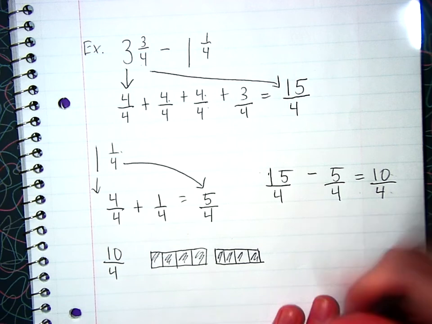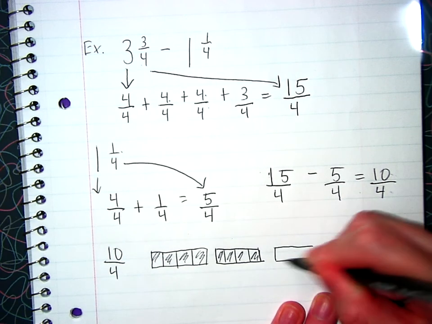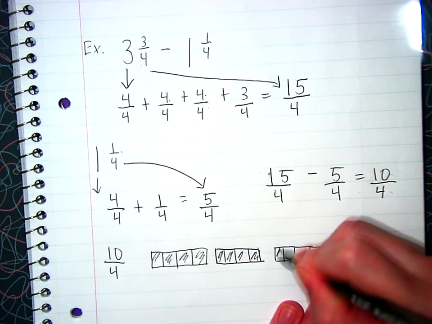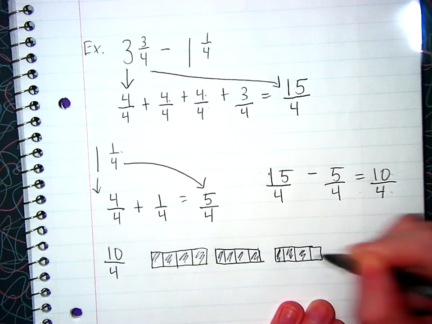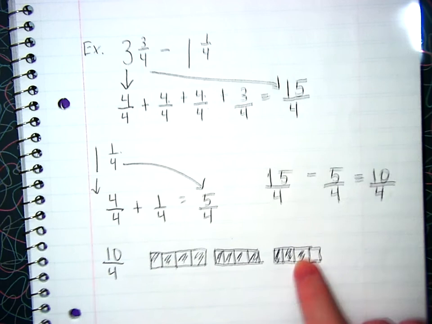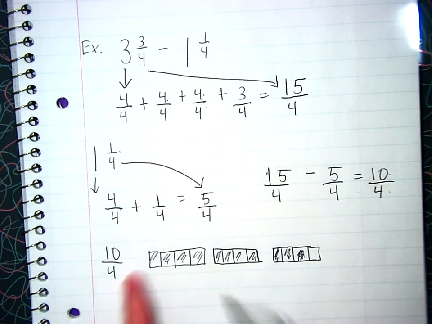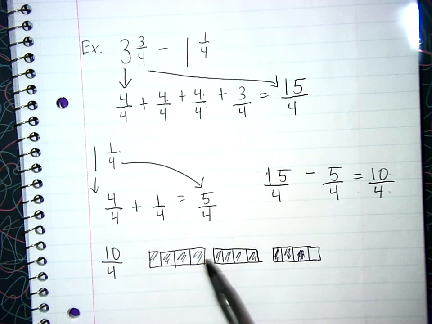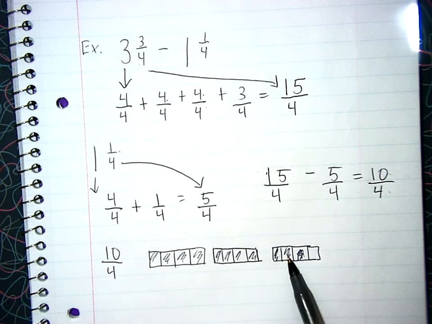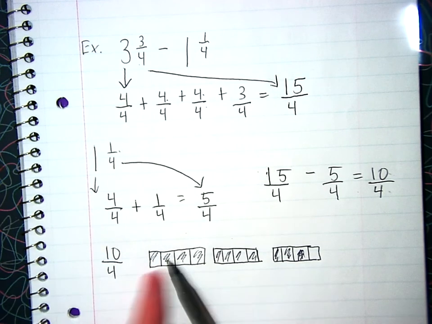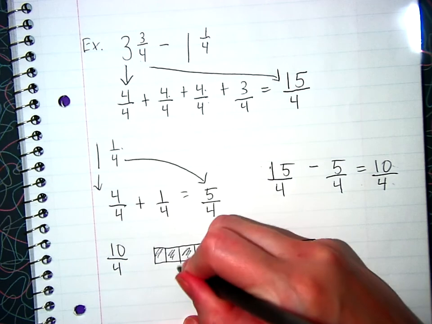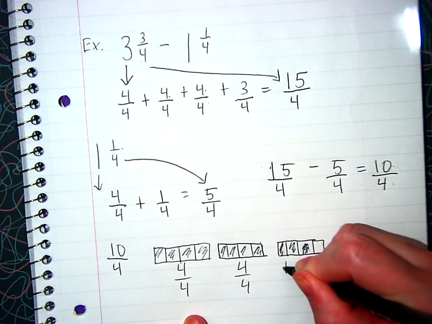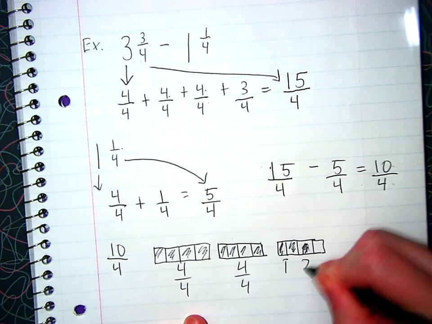So that is where I will go 1, 2, 3, 4. But I must stop here. This should not be shaded, but I have to stop here because there's only 2 left. So 1, 2, 3, 4, 5, 6, 7, 8, 9, 10. So that's where the 10 is coming from. And let's see how many wholes I have. So I have 4 over 4 plus the 2 over 4.